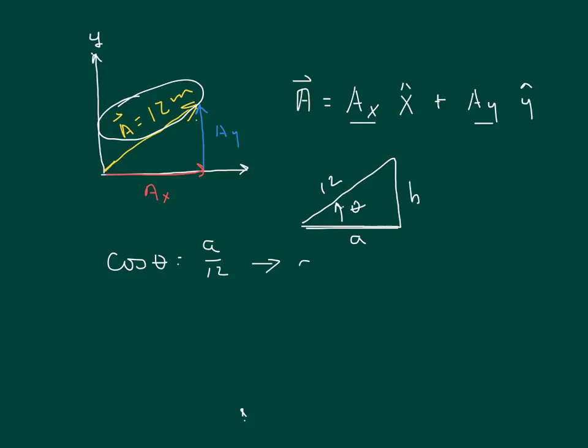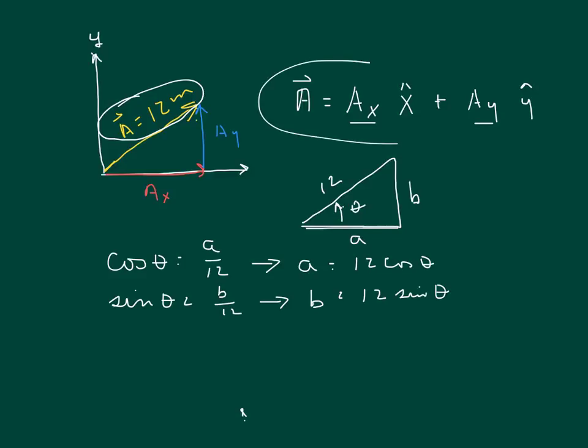So working this out, that says a is equal to 12 cosine theta. Similarly, if we look at the sine of theta, that would be the opposite over the hypotenuse. We would get b over 12. That would tell us that b is equal to 12 sine theta.